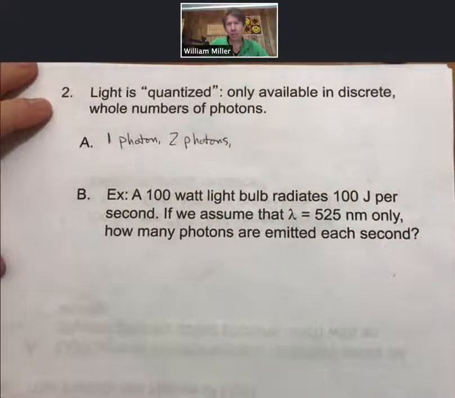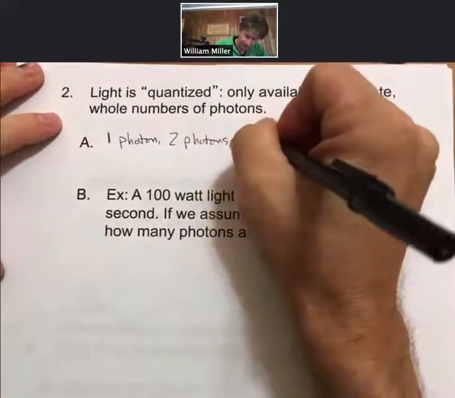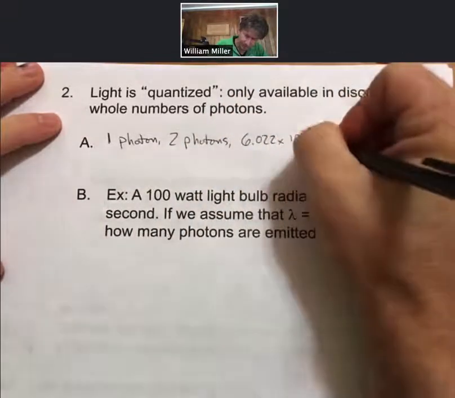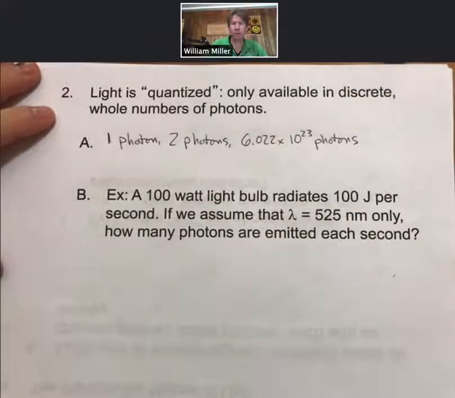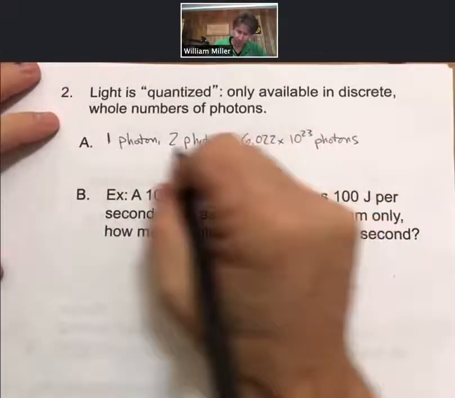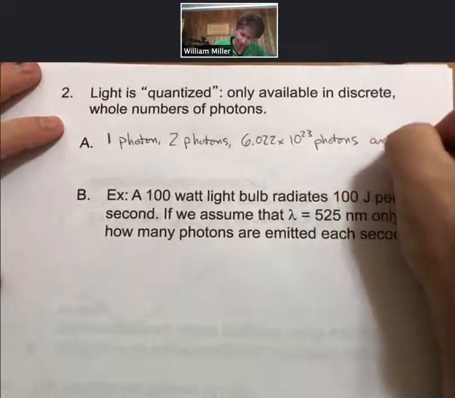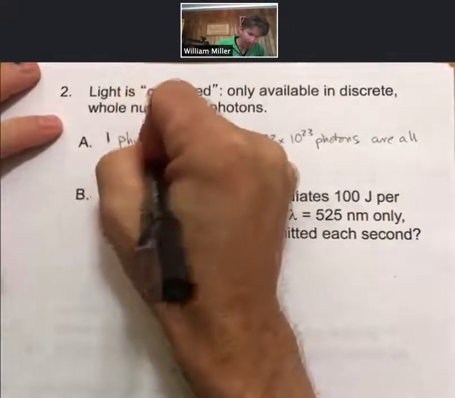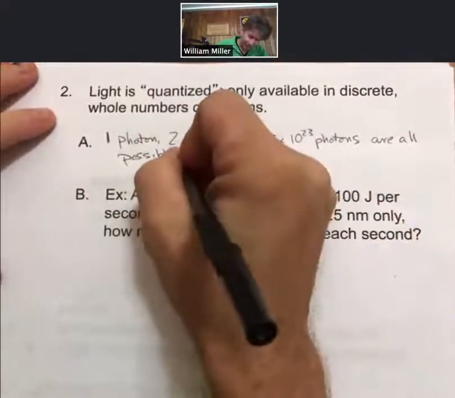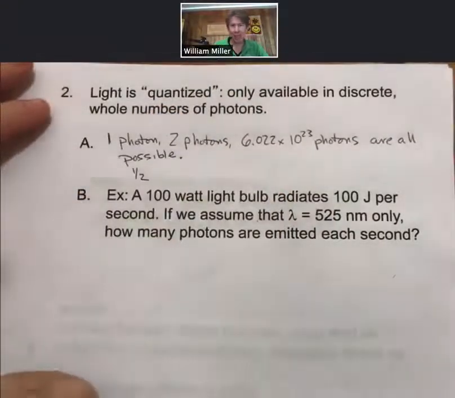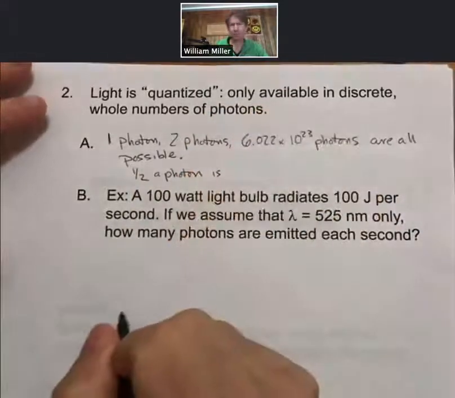And as we will see, you can have 6.022 times 10 to the 23rd photons, which of course would be 1 mole of photons. So 1 photon, 2 photons, a mole of photons are all possible. But half a photon is not possible.